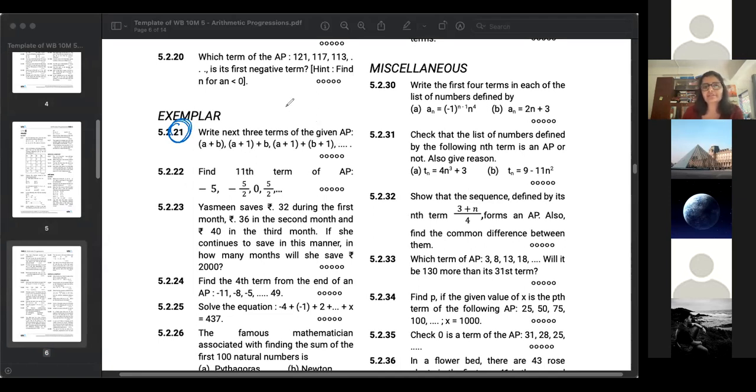So you need to identify what D is from this information. Then you can just keep adding D and write the next terms. Give me at least 2 terms, that will be sufficient.